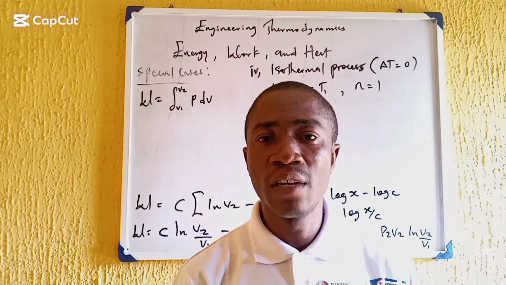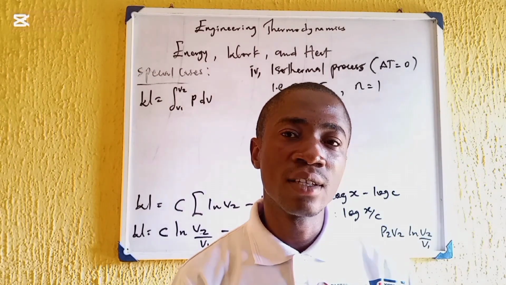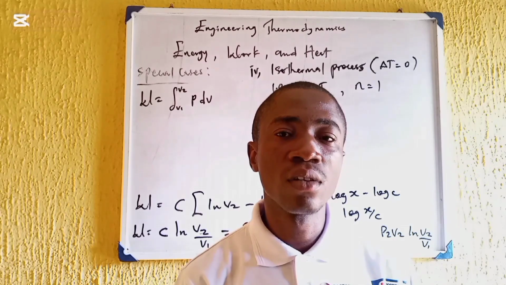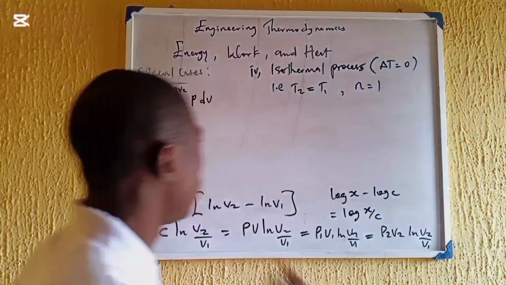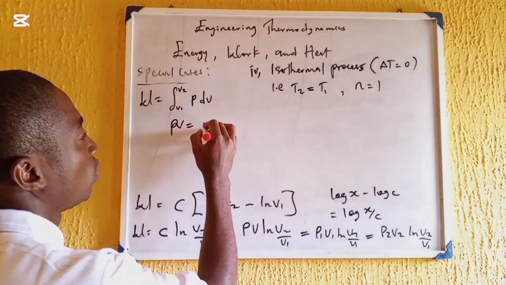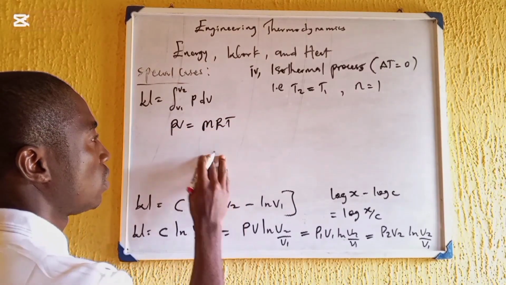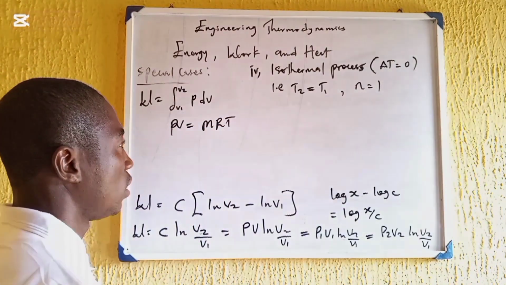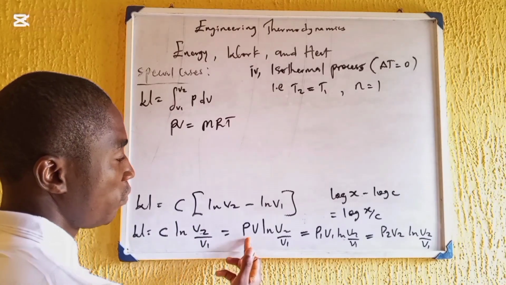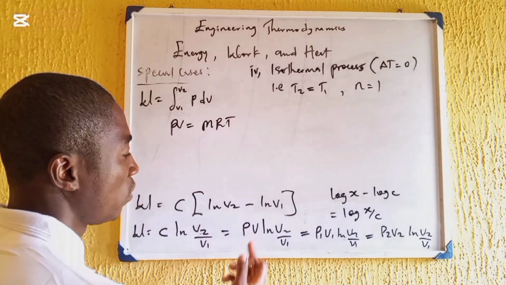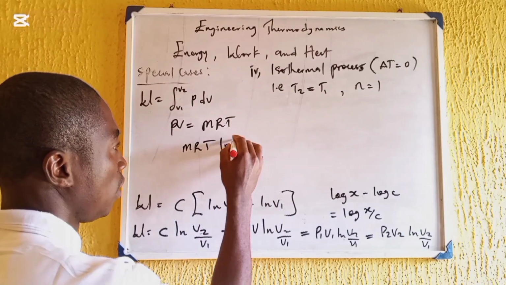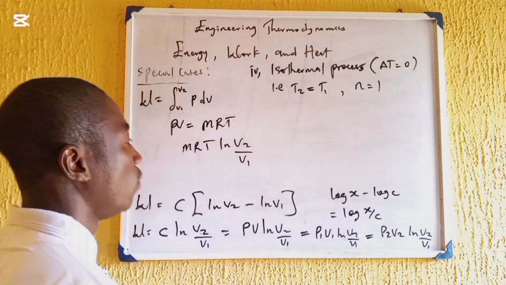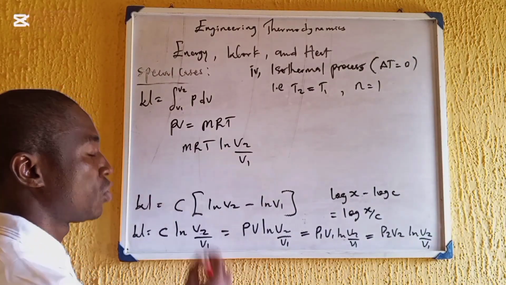So what happens when you have a system containing an ideal gas and pressure is not given, but temperature is given? What do you do? You say PV is equal to mRT. This is the formula for what? Ideal gas. Then you have PV here. Substitute for PV, you'll be having mRT ln V2 over what? V1. So this is your temperature.